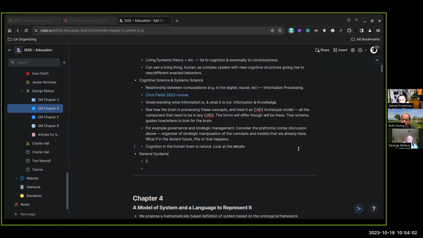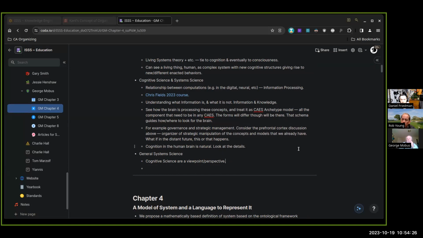We talked earlier about operational closure. Certainly, the cognitive sciences are an important viewpoint, obviously from a human or conscious point of view, but for operational closure, they're not the only or the most significant.